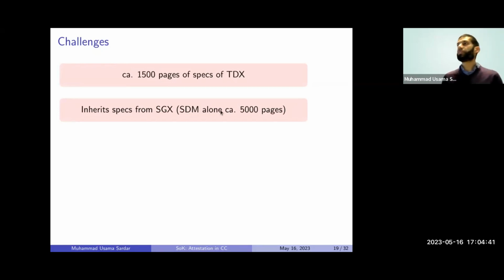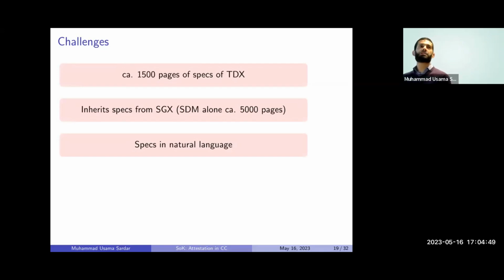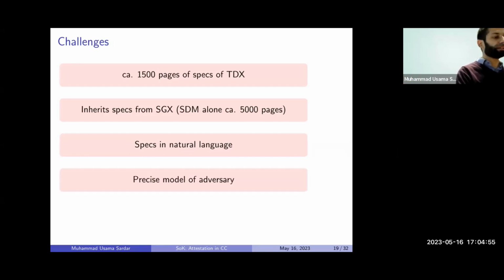And the software development manual alone is 5,000 pages. Specifications are all in natural language. One does not know what exactly is signed, what exactly is sent over to this party, and it's all a mess. Another challenge is how to model the adversary powers at the symbolic level in a clear way.